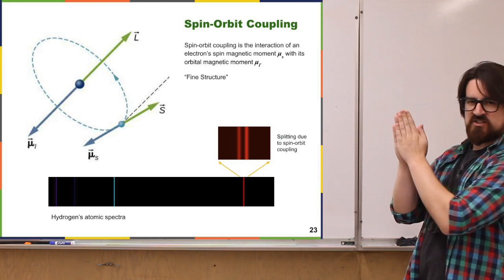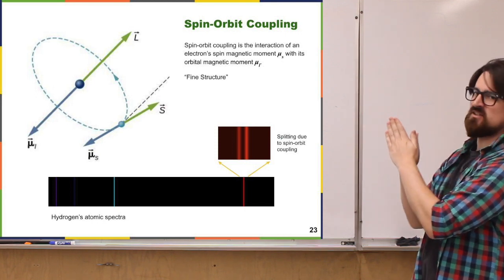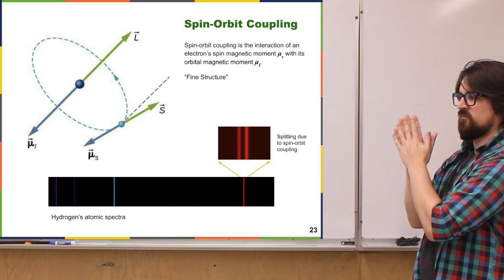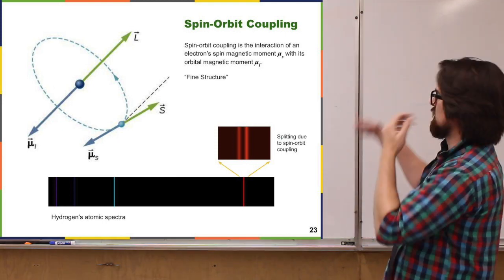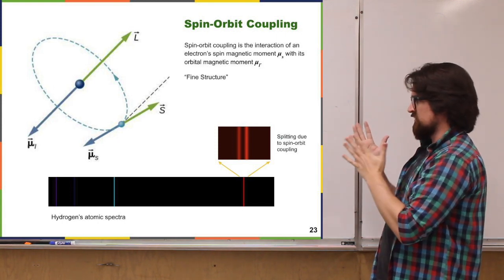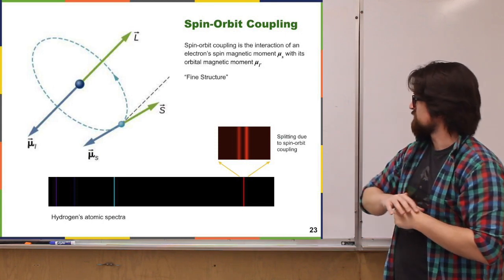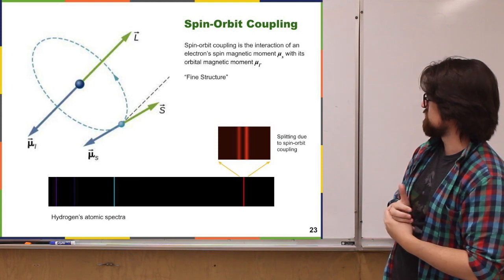The difference in those energies is pretty small, so you don't necessarily get to see this splitting in the lines unless you can resolve these lines very highly in the atomic spectrum. So this sort of fine splitting of these lines is known as the fine structure of the hydrogen atomic spectrum, or the fine structure of an atom's atomic spectrum in general.